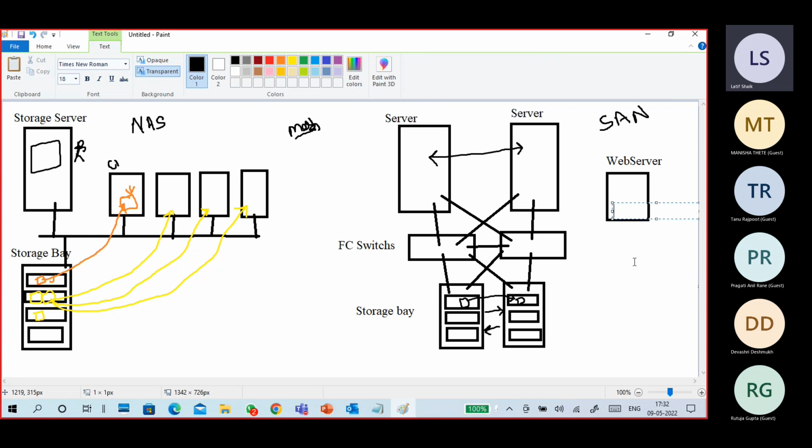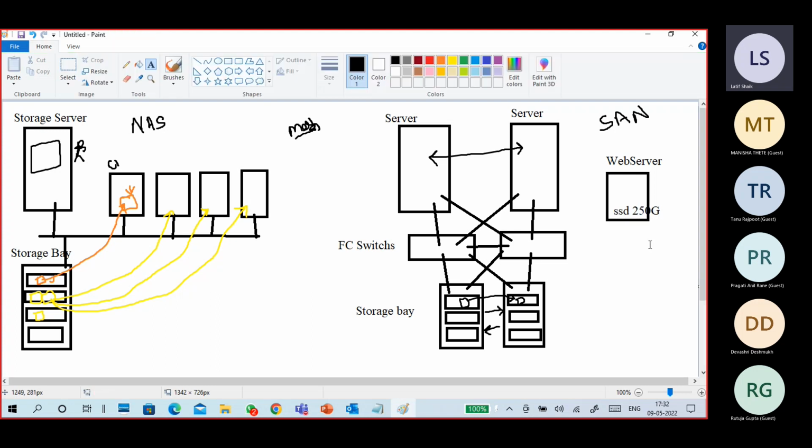It contains an internal hard disk for holding the operating system, say a 200 GB or 250 GB SSD, with the operating system and basic services. I want to store my web server data on a 500 GB or 1 terabyte hard disk.